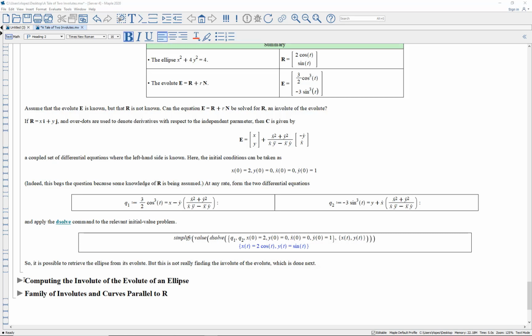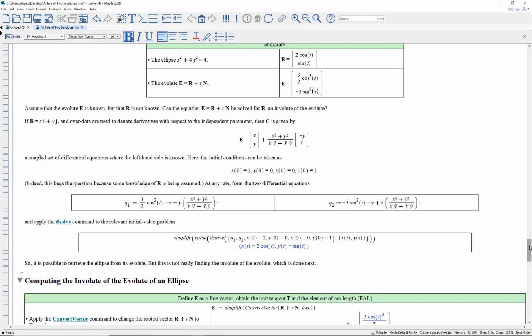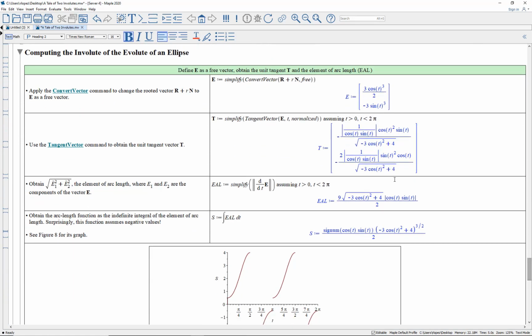Let's compute, finally, the involute of the evolute. This is the evolute. We need a vector tangent to the evolute. So we use the tangent vector command.